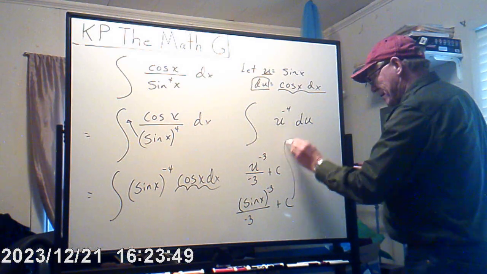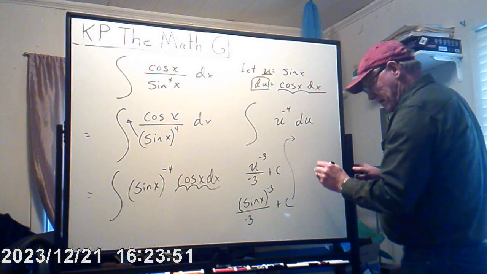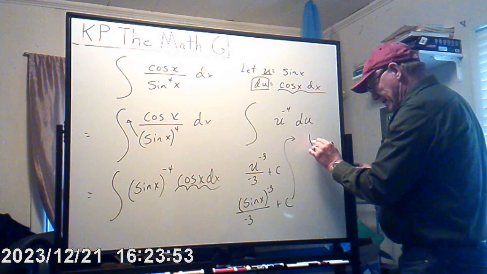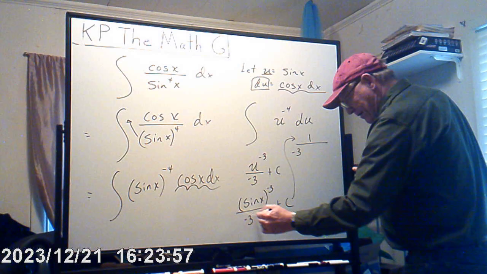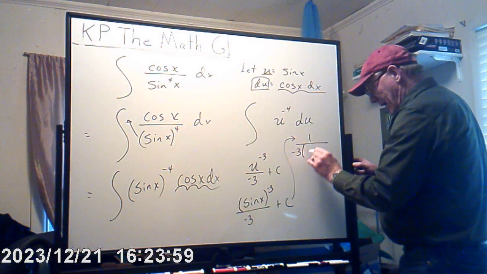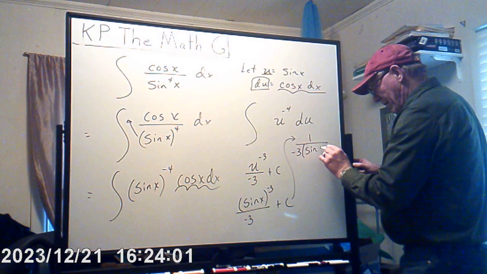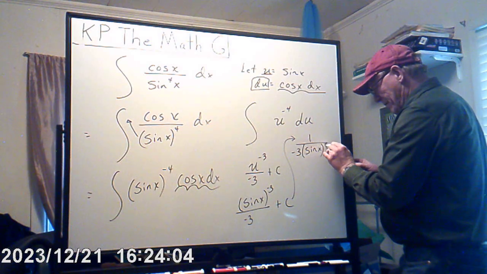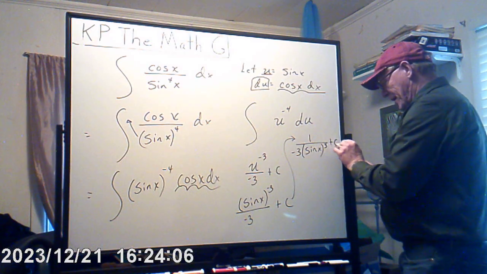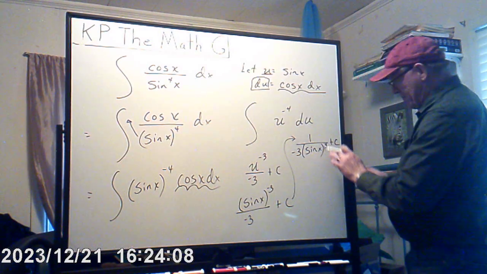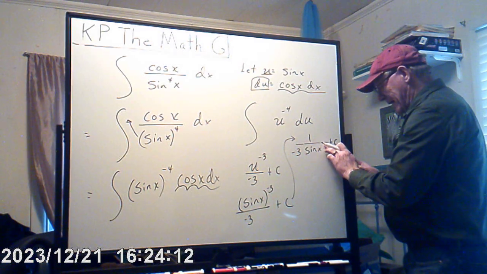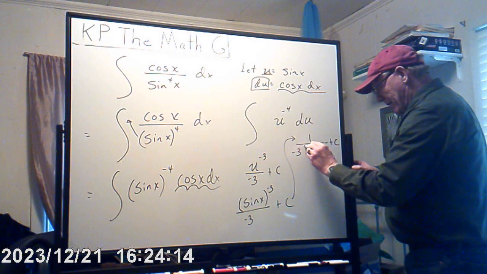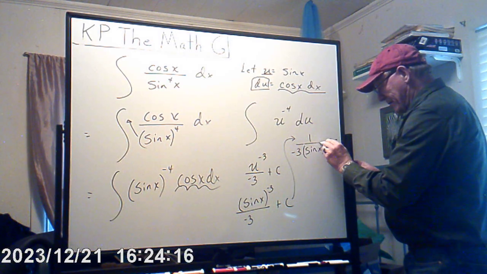So right up here, 1 over negative 3, put that out in front, sine x to the positive 3, plus c. You can put the 3 right in between sine and x, but let's leave it out here like this for this problem.